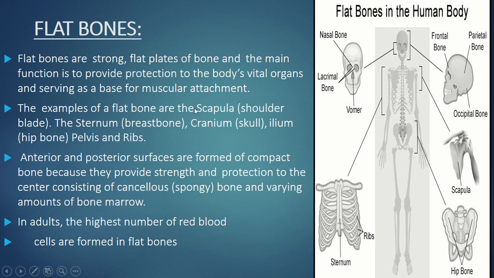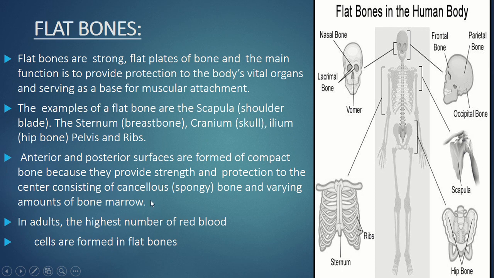The examples of flat bones are the scapula, the shoulder blade, the sternum, the breastbone, the cranium, the skull, the ilium, the hip bones, the pelvis, and the ribs. The anterior and posterior surfaces are formed of compact bone because they provide strength and protection to the center, which consists of cancellous bone and a varying amount of bone marrow.